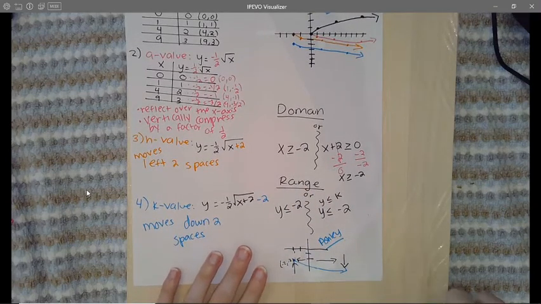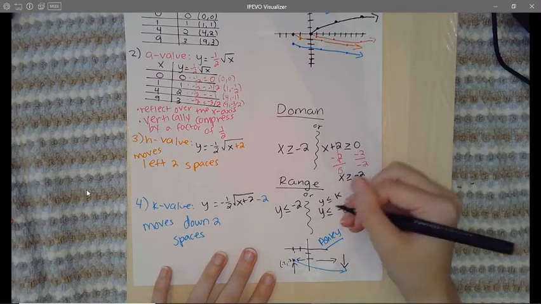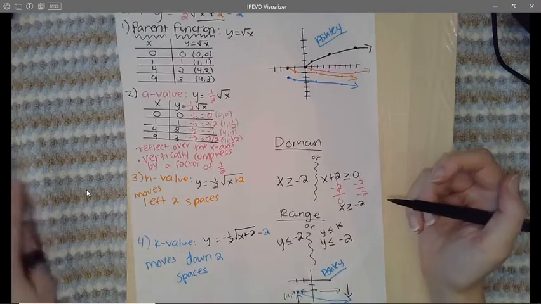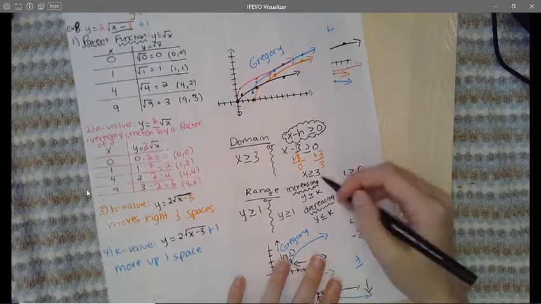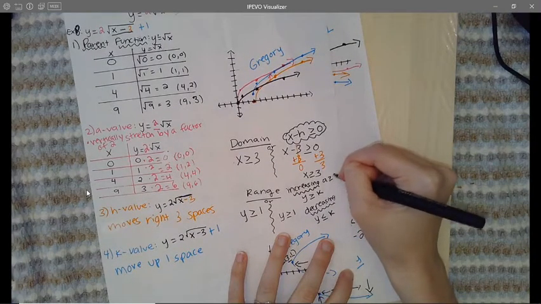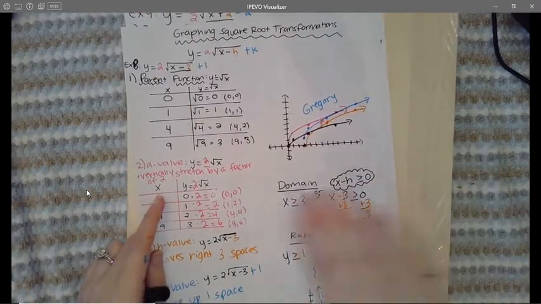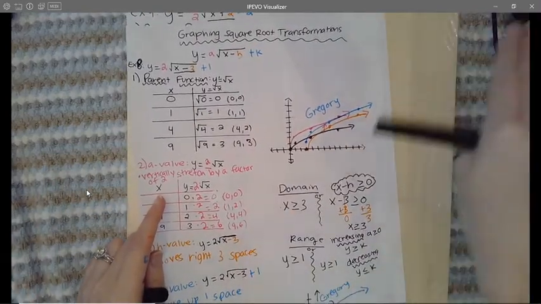Another way you can say this, instead of increasing, you can say when a is greater than or equal to 0, because just like with quadratics, it will be increasing.